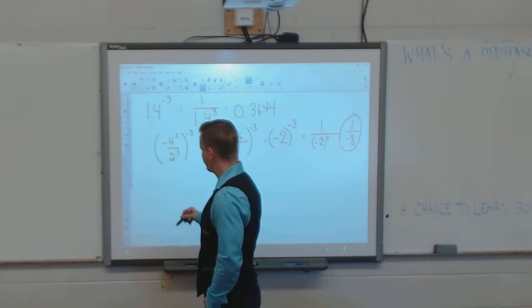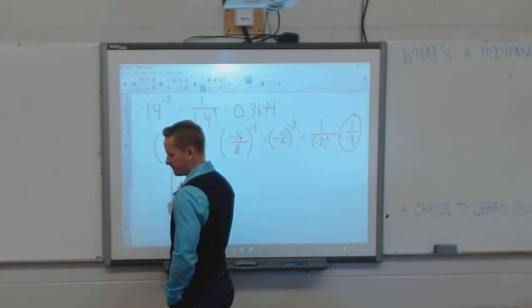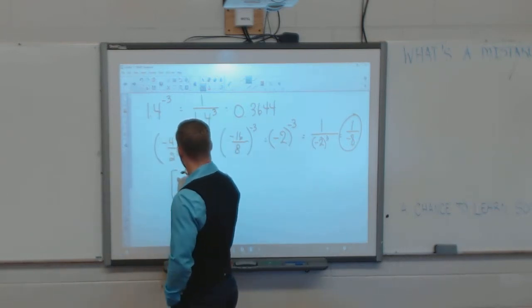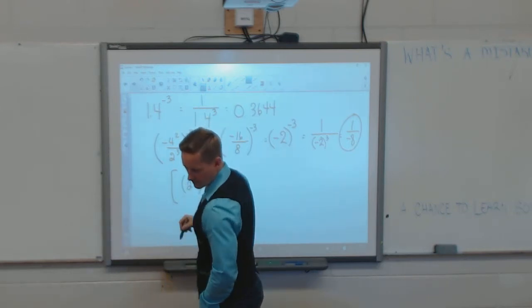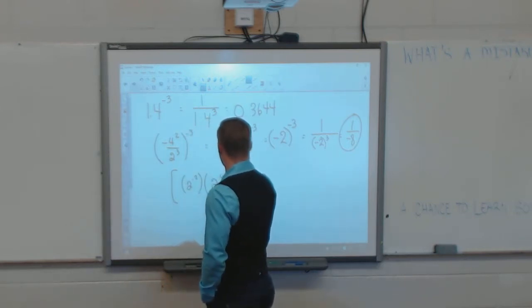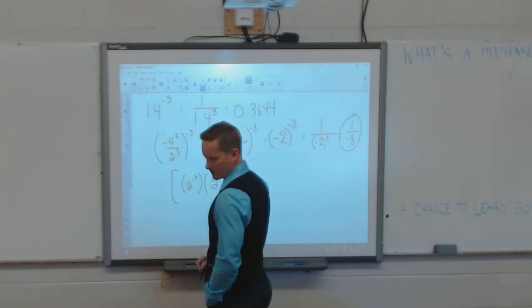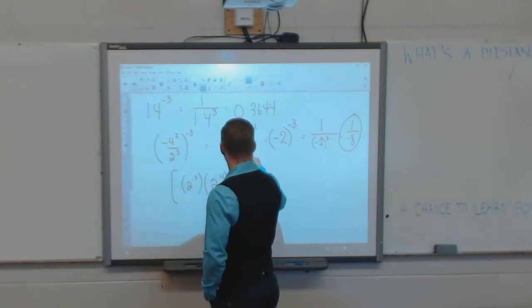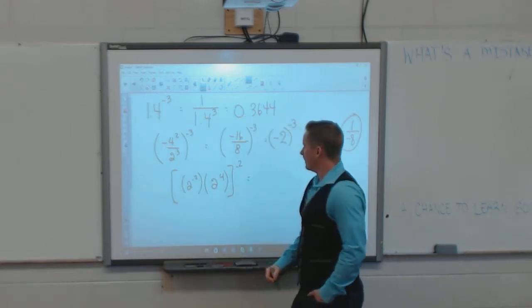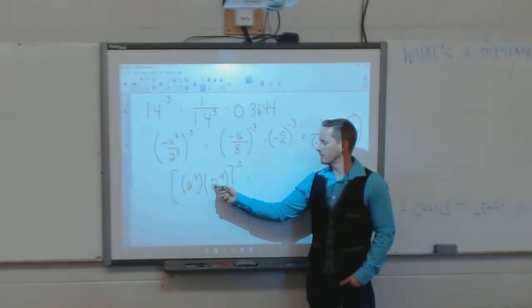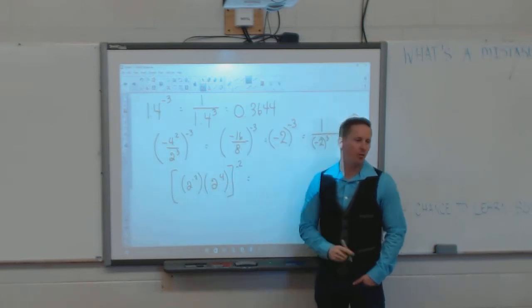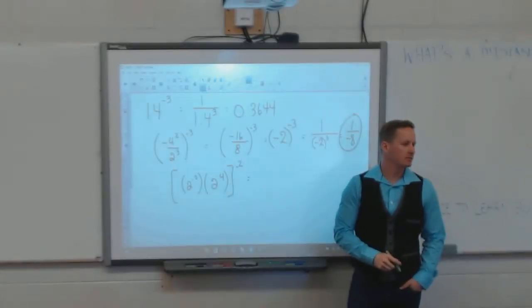Let's look at C. Okay, so I have 2 to the negative 2 times 2 to the 4. What do I do with the exponents?